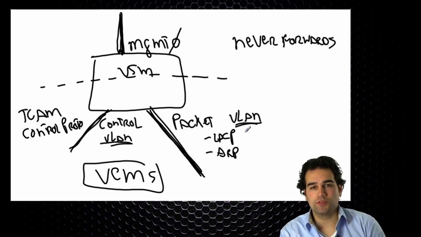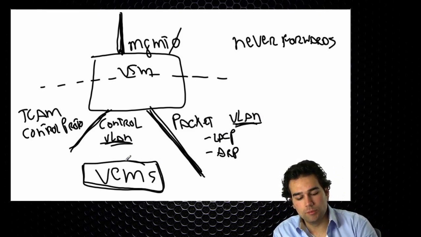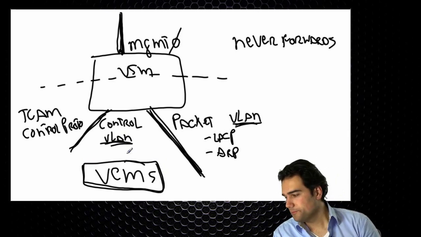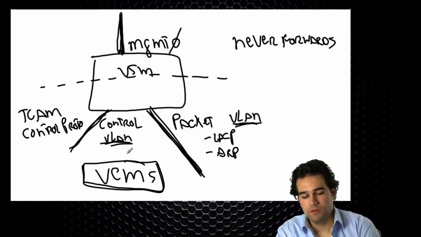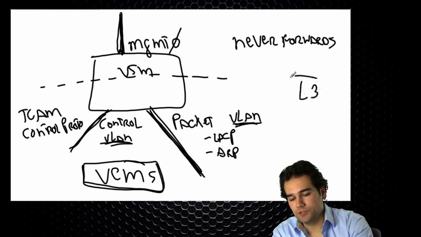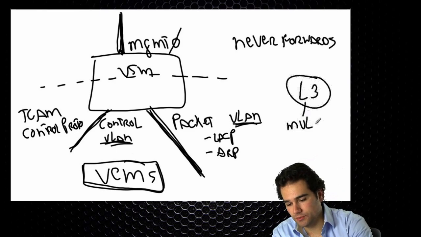I can put these two interfaces in one VLAN if I wanted to. So running in two VLANs, the VEMs have access to those two VLAN numbers, or I can do it in a better way, and that is by using a layer 3 solution. Actually, more specifically, a layer 3 multicast solution.